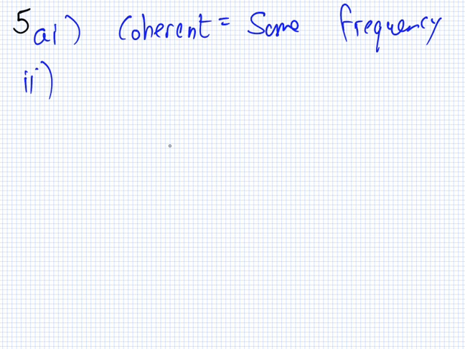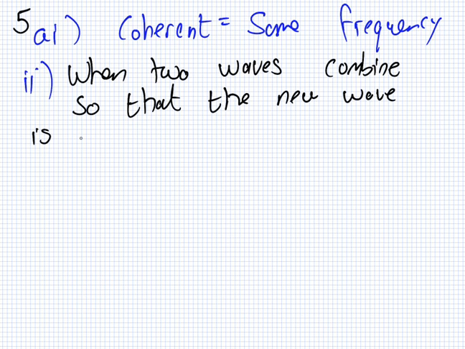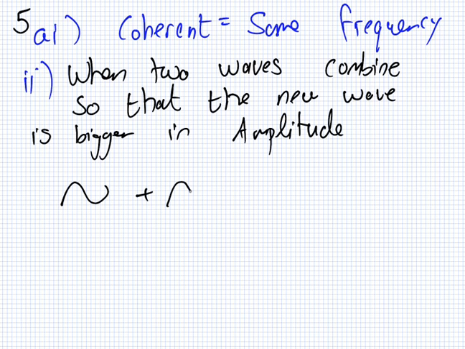In other words, as waves are added. When two waves combine so that the new wave is bigger in amplitude. So you have one wave plus another wave and the result is a bigger wave.